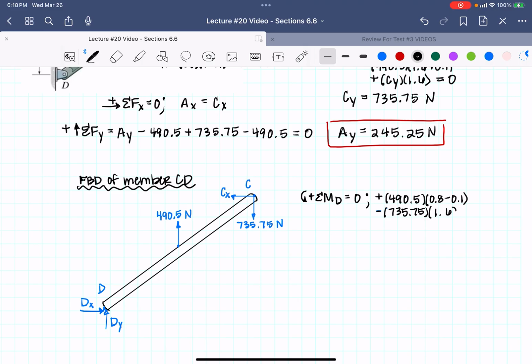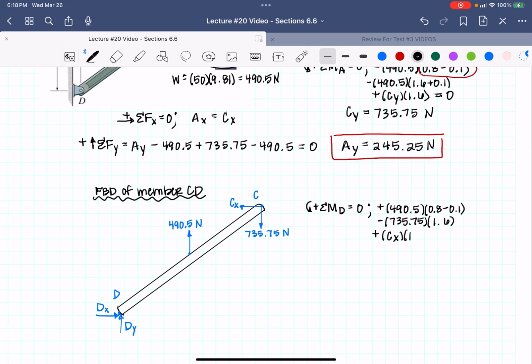And then the only other force I have is C of x, which is going to give me a positive moment. And its distance is that whole vertical distance, which is 1.2, equals 0. So when I solve that, I get that C of x equals 694.875 newtons. I was positive, so I assumed correctly.